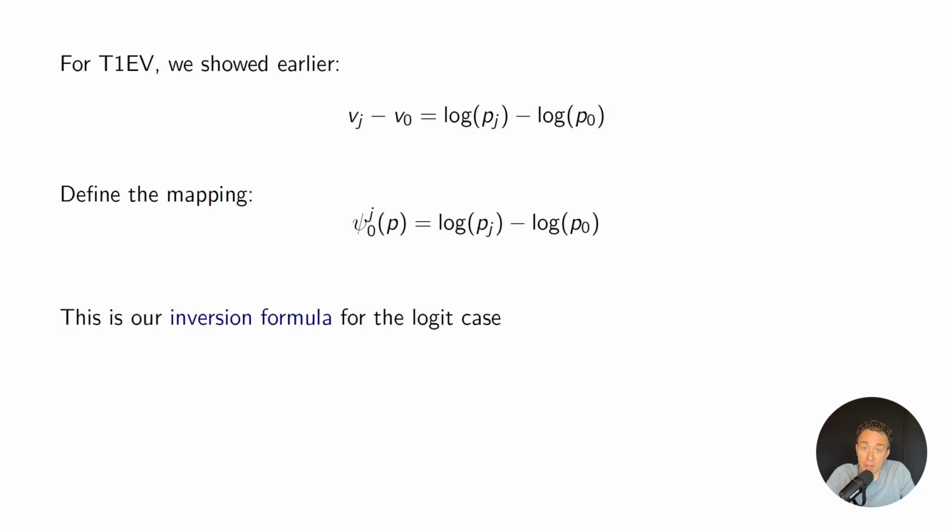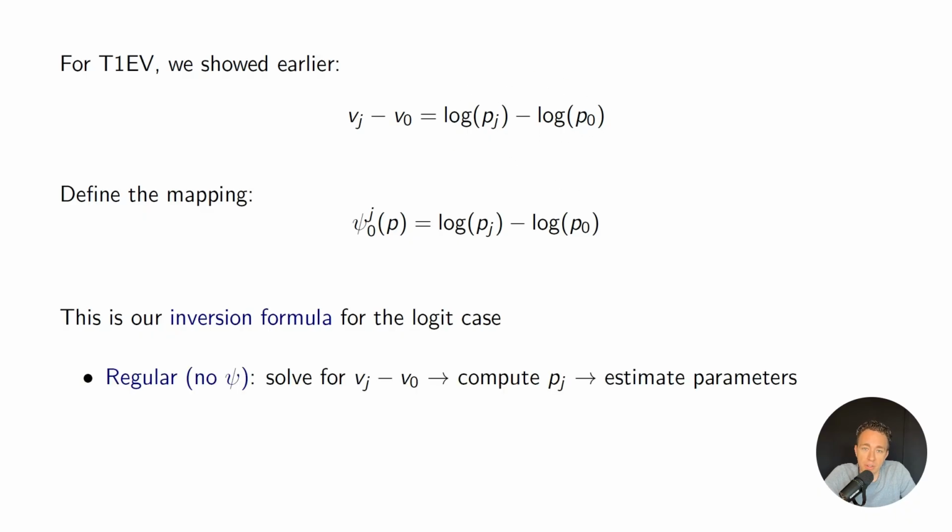In the Logit model, this is going to be called our inversion formula because it's going to allow us to express the difference in conditional value functions, which are objects of our structural model, in a form that only depends on the data, in terms of these choice probabilities that we can see in the data.